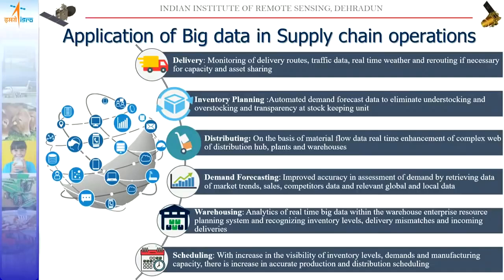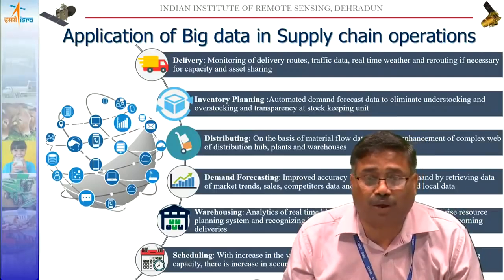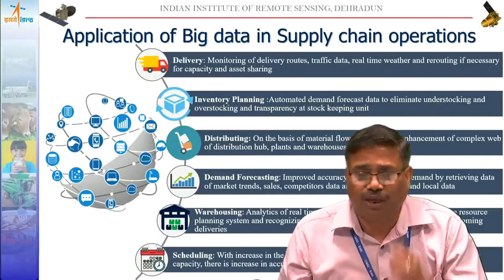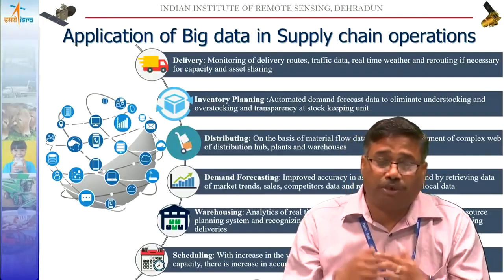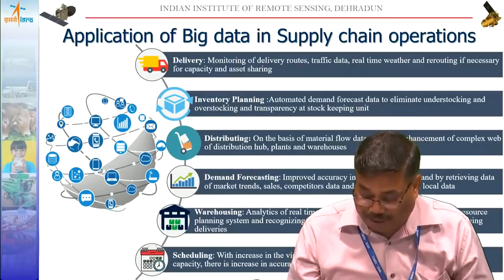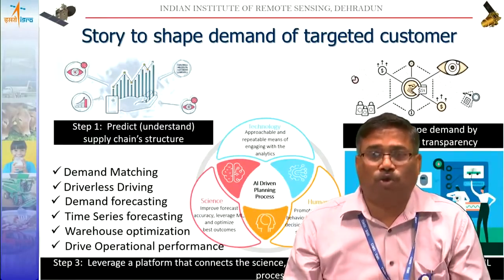Warehousing: the analytics of real-time big data within warehouse enterprise resource planning systems, and recognized inventory levels. And the last part is scheduling, how you schedule your data, because scheduling can make all the applications work in a better way, and a monitoring system can also be developed. Once this entire process is scheduled, then the entire automation can be done, then you will have fewer problems, and you can have the better outputs which you are looking for.